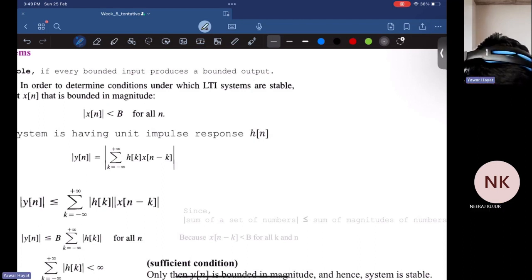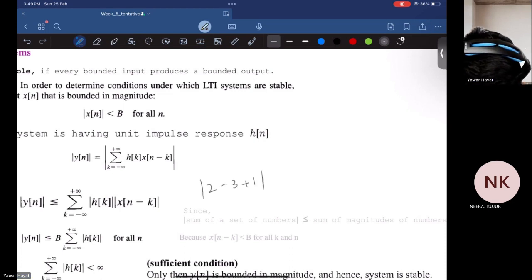Okay. Suppose you have the following: 2 minus 3 plus 1. This is 2 plus 1 minus 3, that is 0, right? Now, it's always less than or equal to the sum of the magnitudes of those numbers.